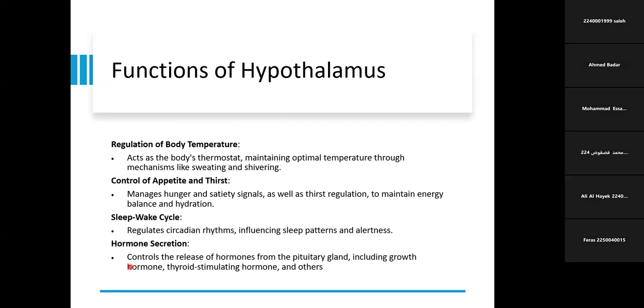And then we have the stomach hormones like gastrin, and the intestine hormones like enterokinase, and we have so many other hormones. Subhanallah, hypothalamus controls the release of the hormones from the pituitary gland, including growth hormone, thyroid stimulating hormone, and most of the other hormones.